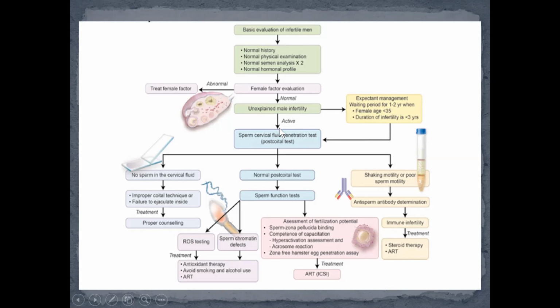If it is unexplained male infertility in the active phase, we examine sperm cervical fluid penetration. We ask for the postcoital test and the sperm function test of the testis.